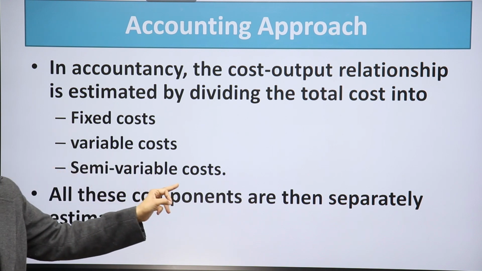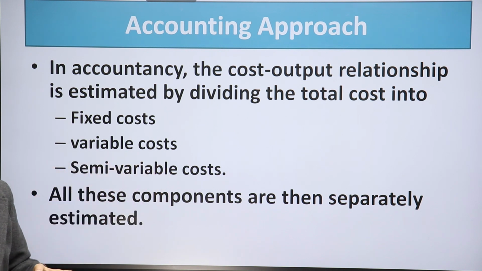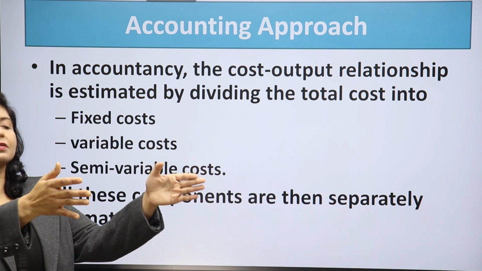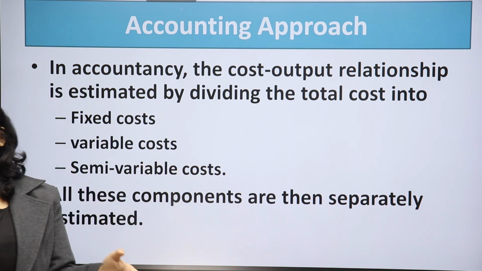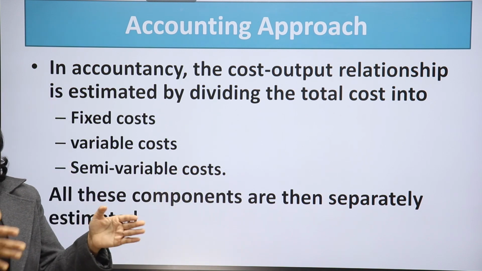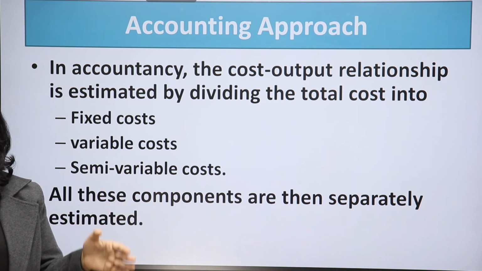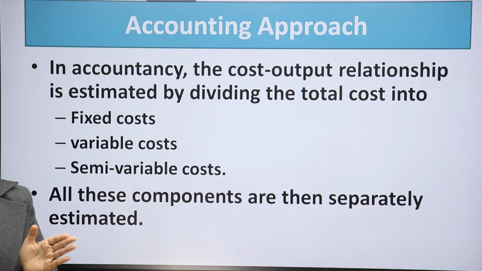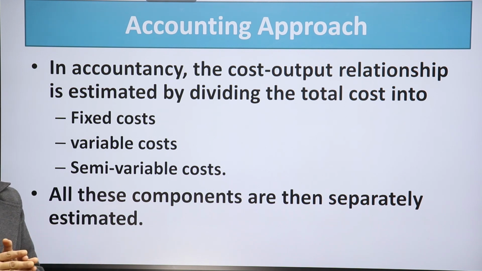And semi-variable cost. There are certain assets which experience wear and tear after some usage. Maybe they wipe out, or maybe they finish after some use. Maybe the gas cylinder, if you have some snack making business, in that you will use LPG cylinders. So if an LPG cylinder is used continuously for 4 or 5 days, it will get finished, it will get empty. So what will happen?